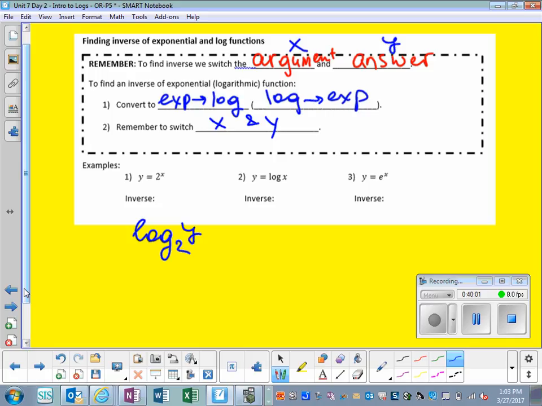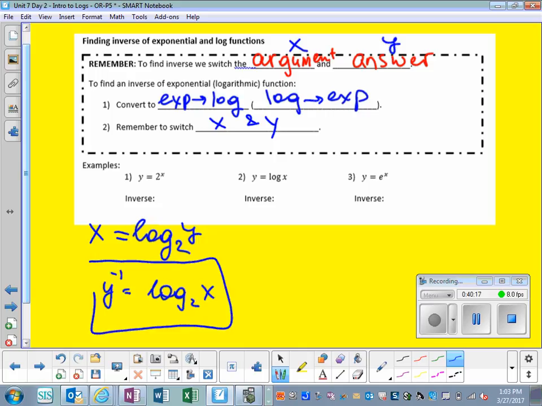So log base 2 of y equals x. But now I need to remember that I want to switch x and y places. So kind of silly in this one, but we just have to do it. And then remember, as before, we put the -1 to indicate that this is the inverse of my original function.